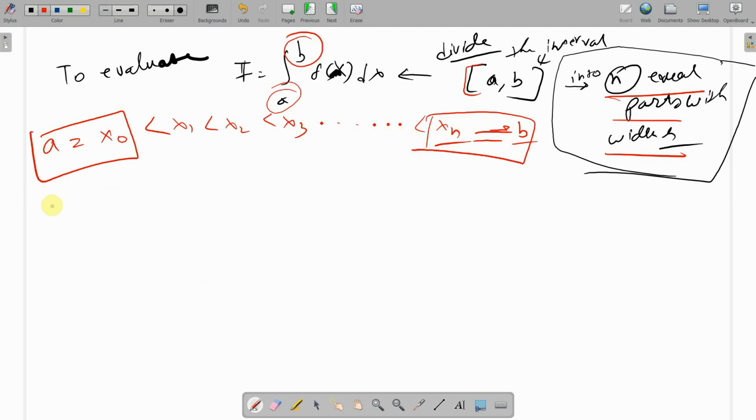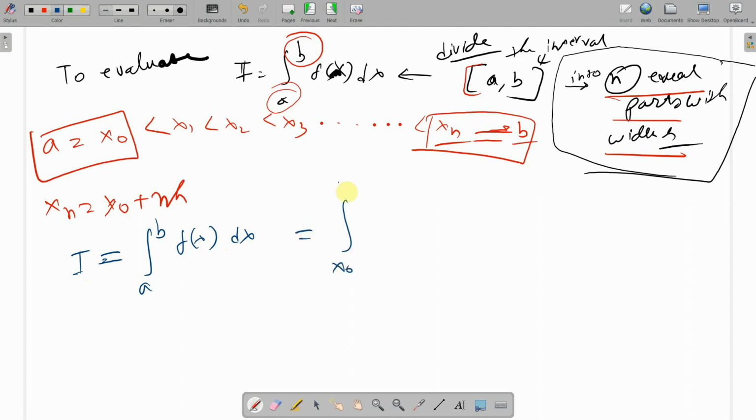Now we can write xn equals x0 plus nh, and I equals integral from a to b of f(x) dx. Or you can write integral from x0 to xn of f(x) dx.